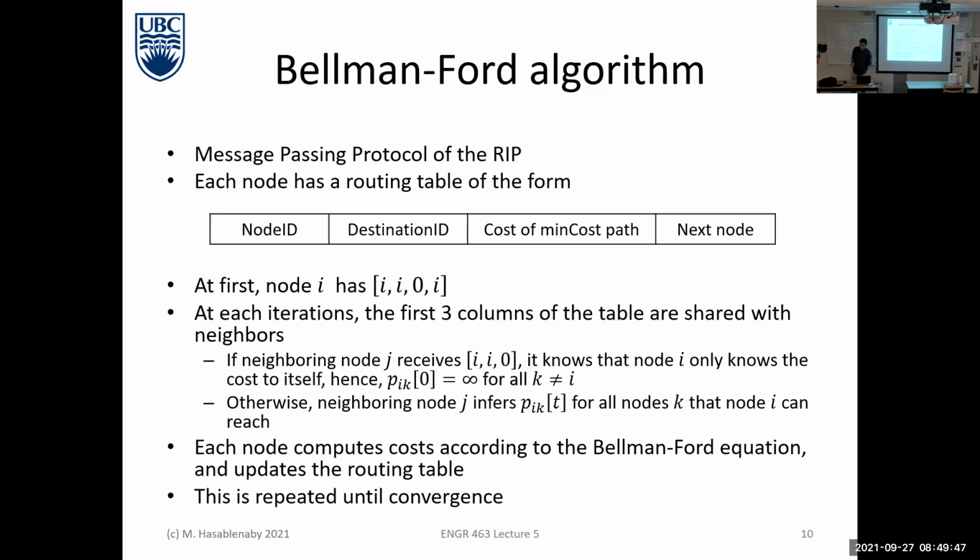For example, here the node ID is node 2, and the destination ID will be node 6, our final destination. The minimum cost I can reach from node 2 to node 6 is 5. The next node will be node 5. This is the content of the message sent from node 2 to node 1: node 1, I can reach destination 6 with minimum cost 5 through node 5.